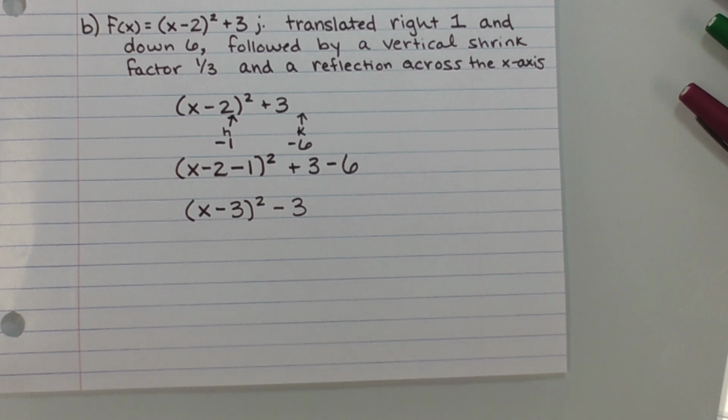Vertical shrink. A, B, H, or K? A. Again, the big thing you need to know is that goes way up front and is getting multiplied. And if you do it to one thing, you do it to all of it for A. Reflection across the x-axis. A, B, H, or K?